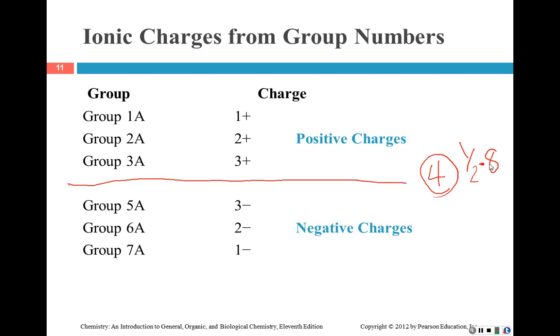And so that group, which contains carbon, they only share. They don't transfer or lose or gain electrons, and so those in that group only share electrons. So that's why we only look at 1, 2, 3, 5, 6, and 7. Remember also group 8A is what? Our noble gases, and so they're going to have a 0 charge already.